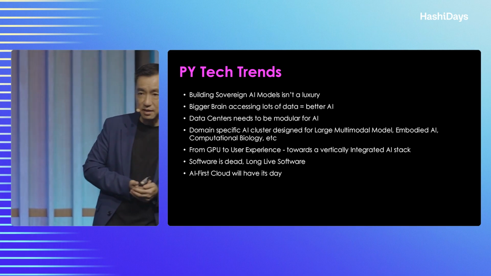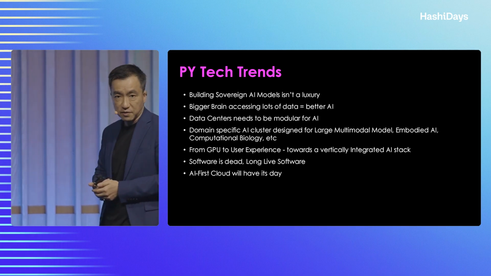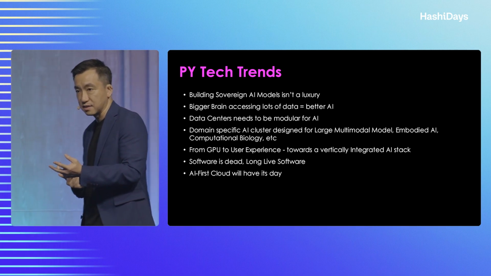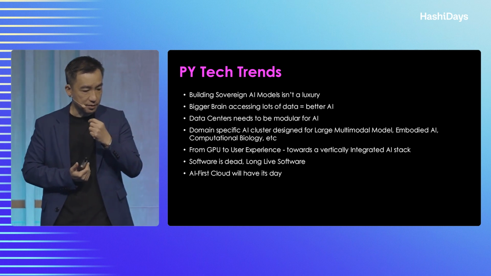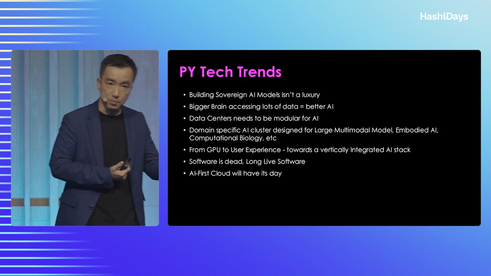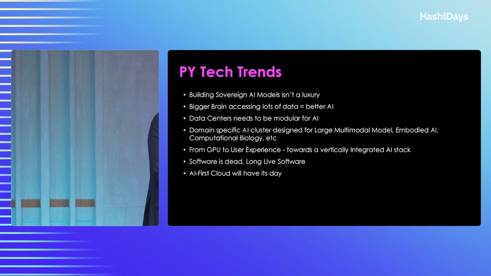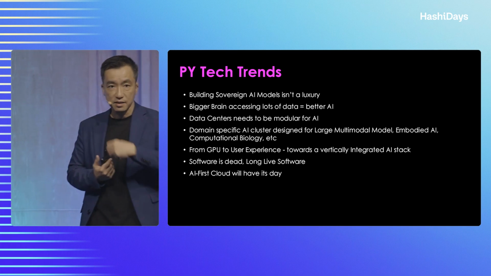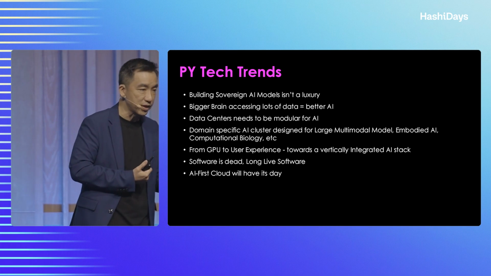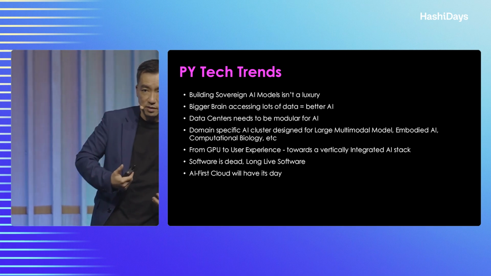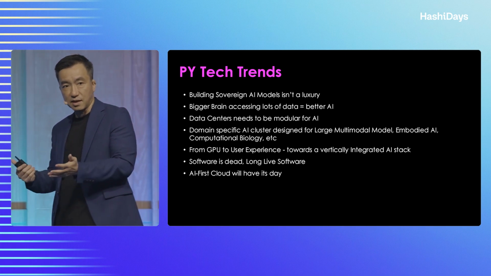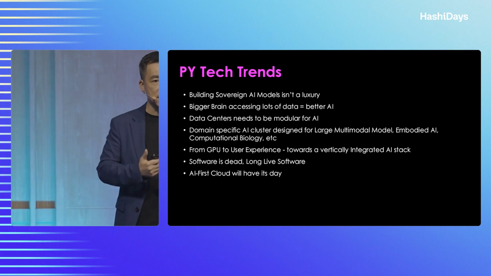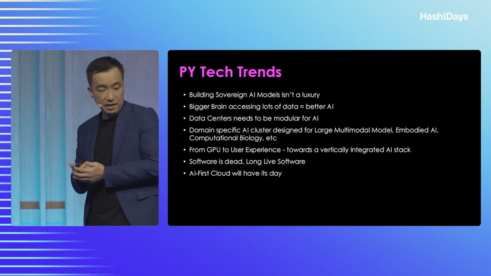We increasingly see there's a need to have domain-specific AI clusters. If you think about it, there are models that do speech, models that do text, models that do vision, models that do embodied AI. For those not familiar with embodied AI, these are putting AI into robots and humanoids, right? They are different, and we have to build AI clusters that deal with different latency, different performance, different behavior patterns.